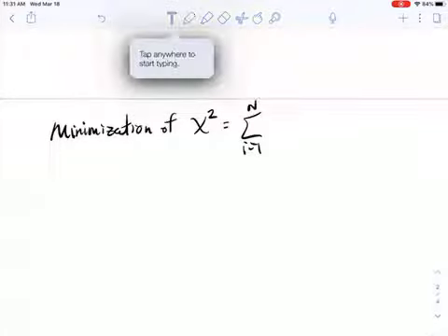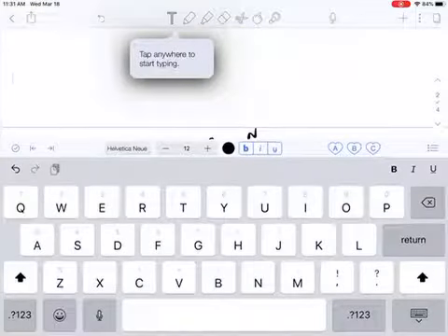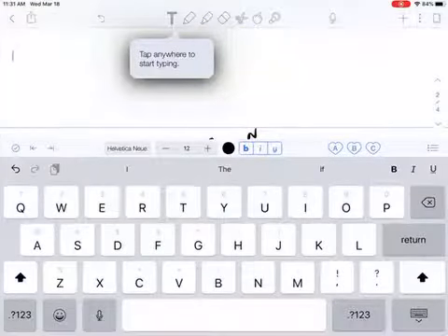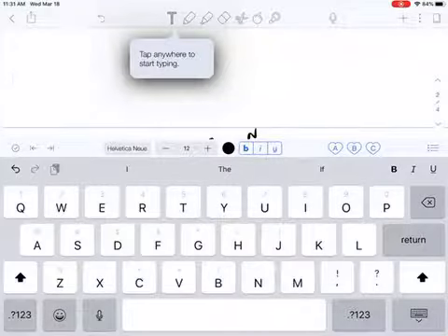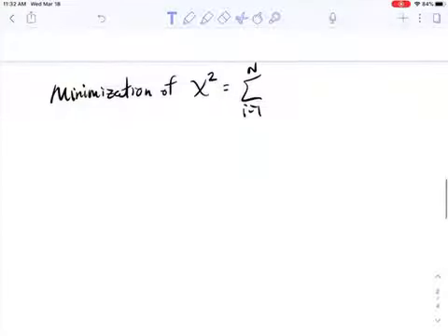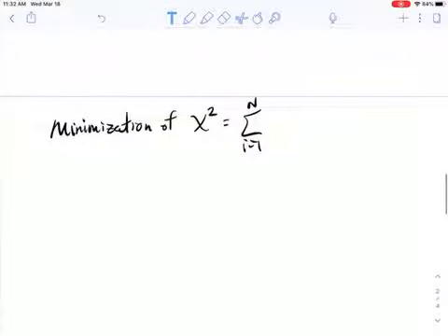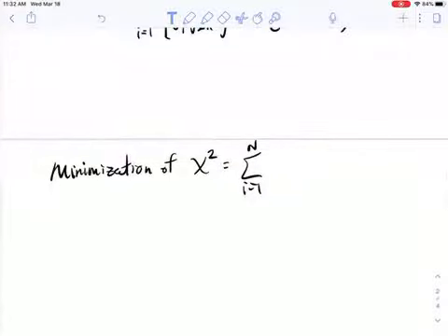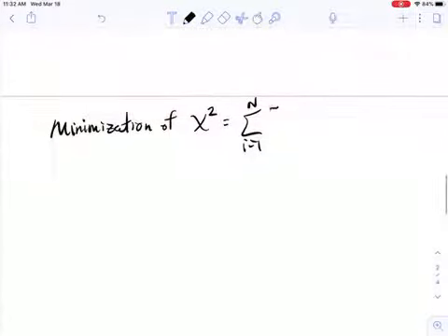Minimization of chi-squared. (yi minus y of xi) over sigma i, squared.